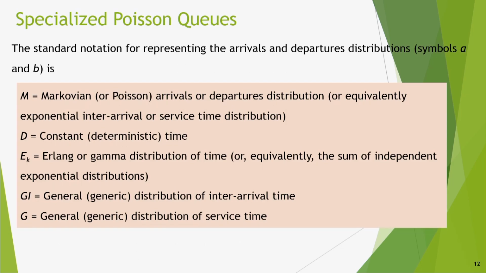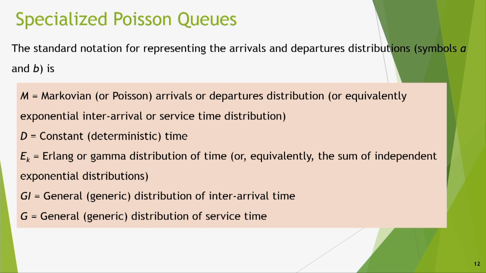The standard notation for representing the arrival and departure distributions, that means symbols A and B, is M for Markovian or Poisson arrival. Markovian and Poisson are basically the same. We don't use the symbol P, we use M. Departure distributions are equivalently exponential inter-arrival or service time distributions, and D means constant deterministic time.